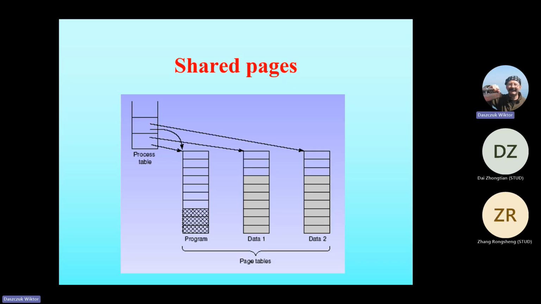Jump prediction. If we have conditional jumps, we can guess if the jump will be taken or not, but we can predict correctly or not.